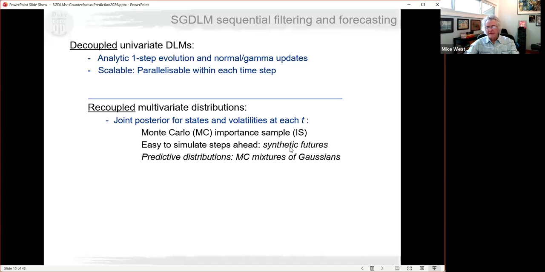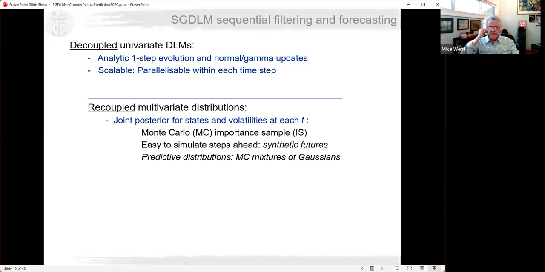It's a whole other talk, but it's easy to generate tracks into the future, sample paths of the state vectors and the volatilities that underlie the ability to generate forecasts of the outcomes Y. I like the term synthetic futures.